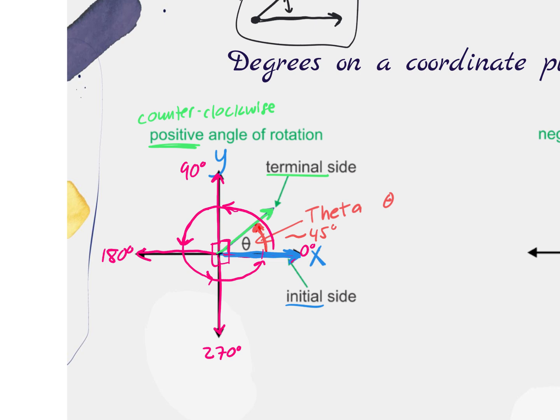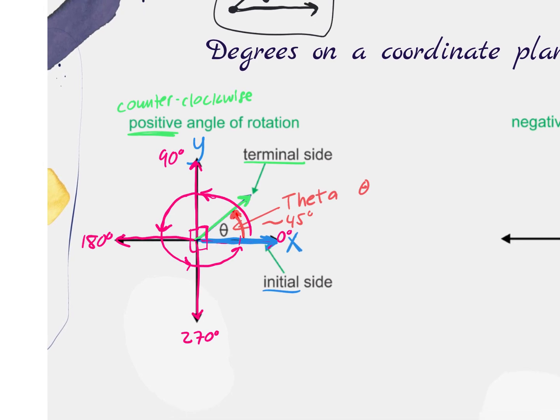Now the total angle measurement of a circle is 360 degrees. Keep that in mind, because notice that a full rotation starting from our initial side all the way back to our initial side is 360 degrees, meaning that if you do a full circle rotation, you end up in the exact same spot.